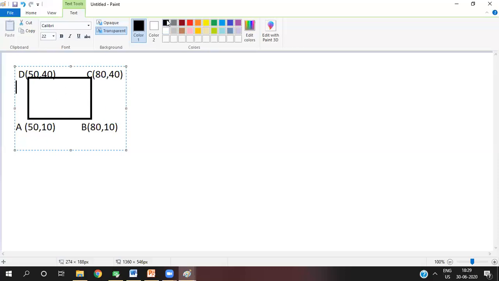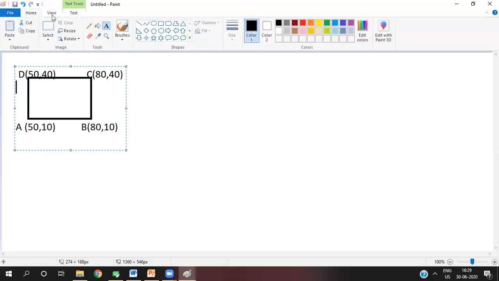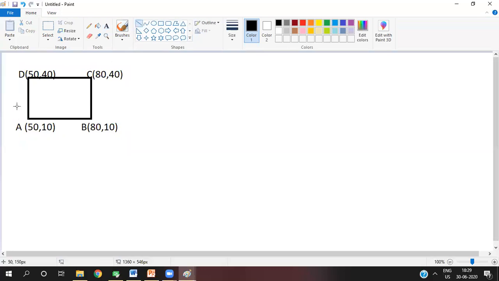And now some lines you are going to clip. Okay, lines. I will draw a line. This is the first line. And one more line is there, P1, P2 and P3, P4.